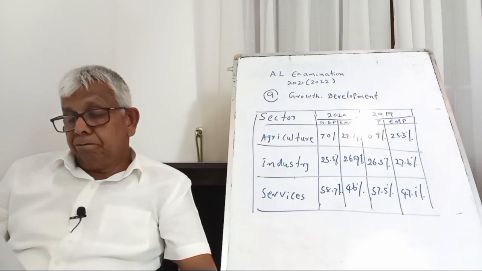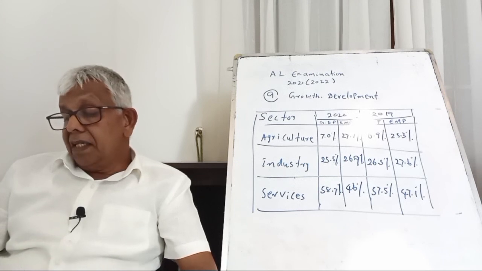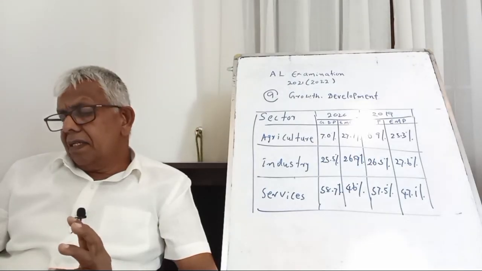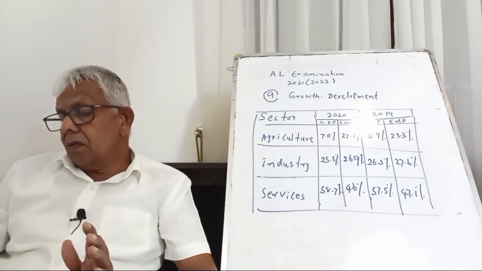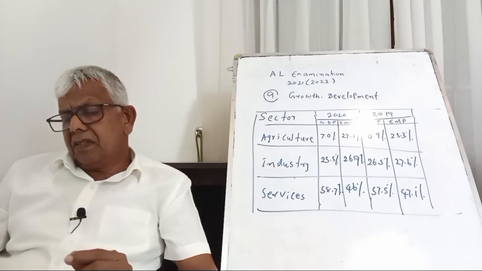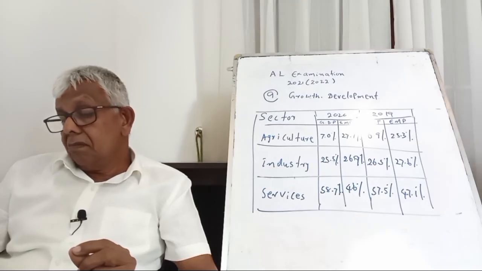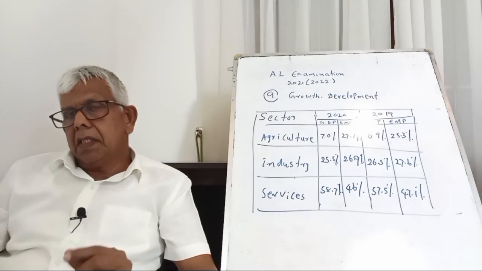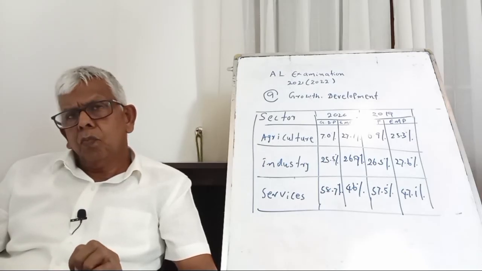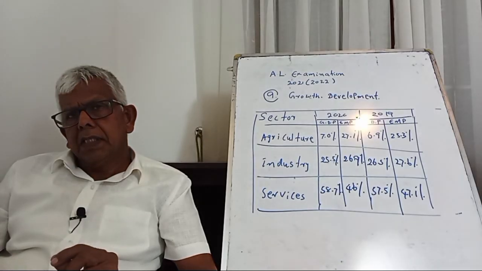Okay, we can write index, Sri Lanka latest global ranking. Ease of doing business index 2020: 99 from 190.